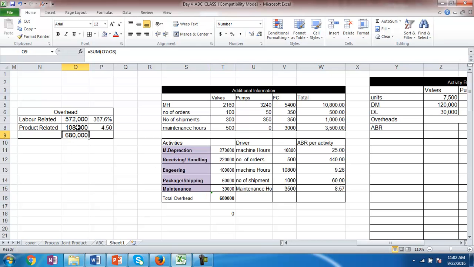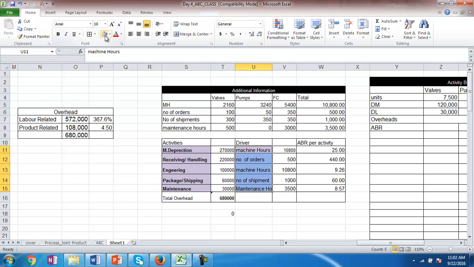But unlike the labor related and product related classification, we further classified the overheads on the basis of the activities. And then we found what are the drivers of these activities.